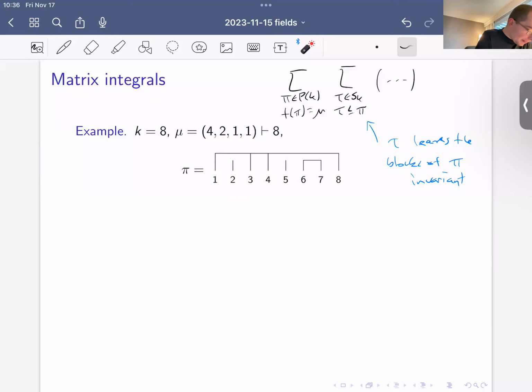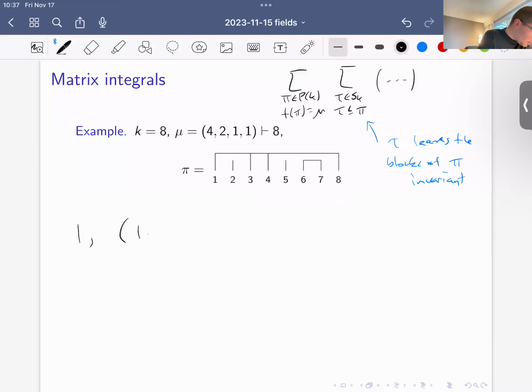And so this inner sum, this sum over permutations that leave the blocks here invariant, some of the permutations that appear would be the identity, right? Because this leaves all of the blocks invariant, just trivially.